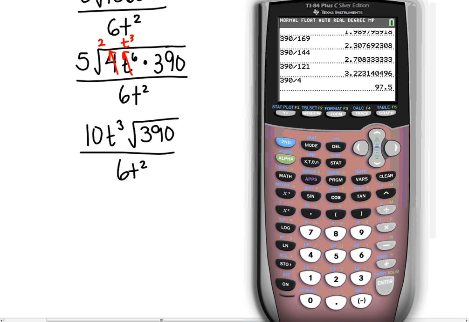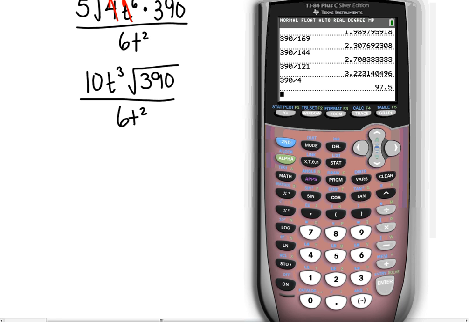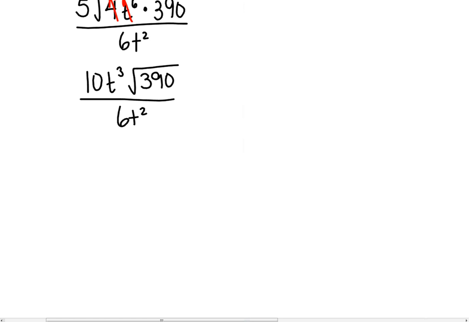So I'm just going to tell you now. You keep going through, double checking, making sure. Okay, so you go through them all. It can't be simplified further. So we're good. The 390 is good. The root 390 can't be simplified. But what can be simplified? The 10 and 6, okay, good, can be reduced to 5 and 3. What else?